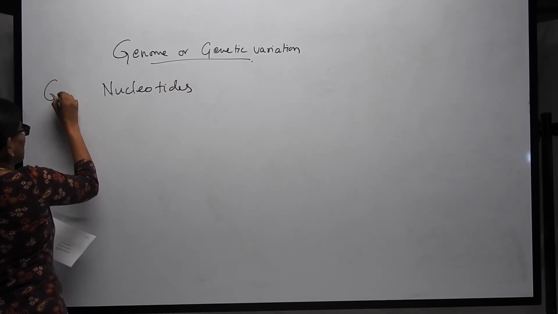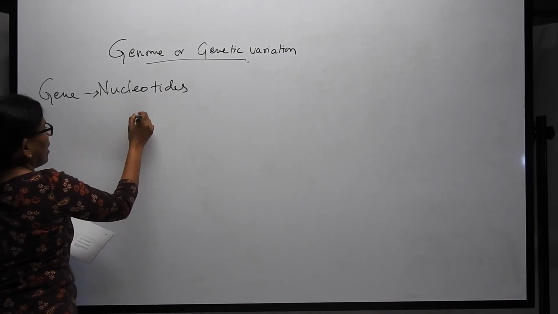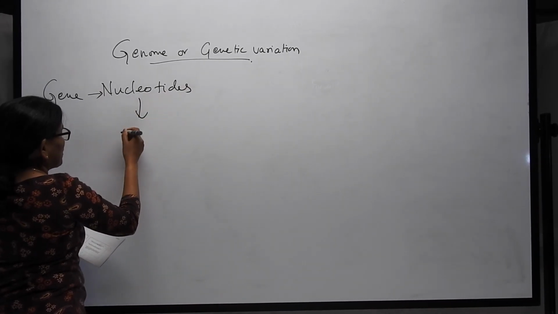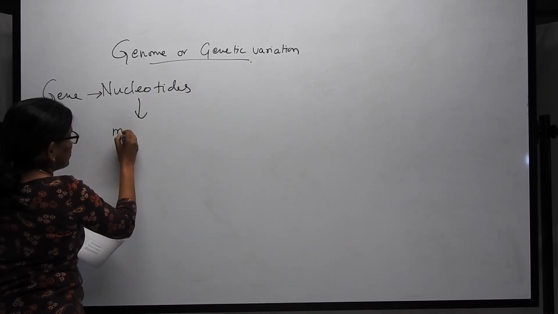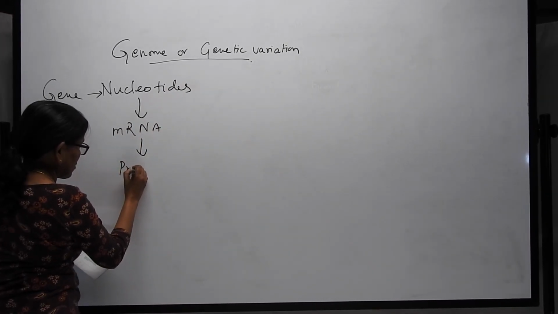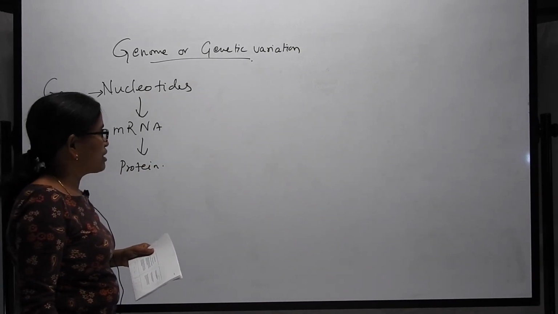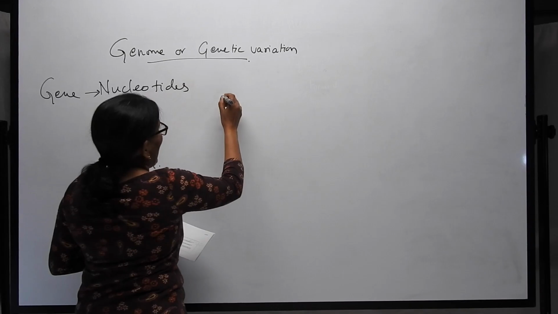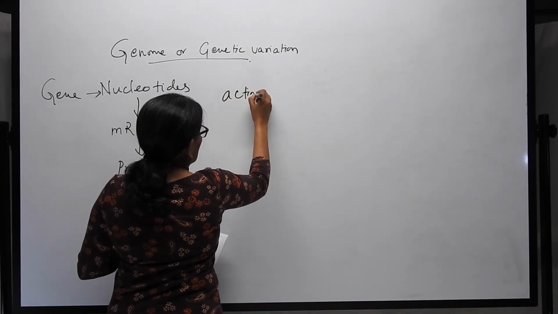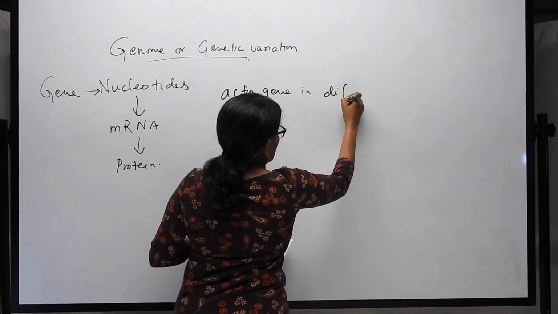The gene gets transcribed to mRNA and then translated to protein. In your experiment 1 you learned about the sequence variation of the actin gene in different crop species.